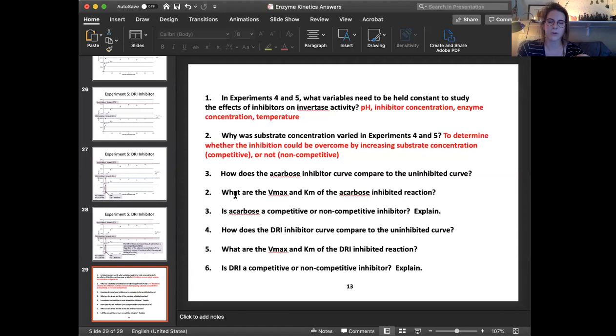That's what I really want you guys to focus on, because you can memorize all you want, like, okay, competitive, Vmax will stay the same, Km increases, non-competitive, Vmax decreases. You can remember all the patterns that you want for cramming for the exam, but that's not really going to help you. And this, I can promise you, comes back so much in upper level science classes.